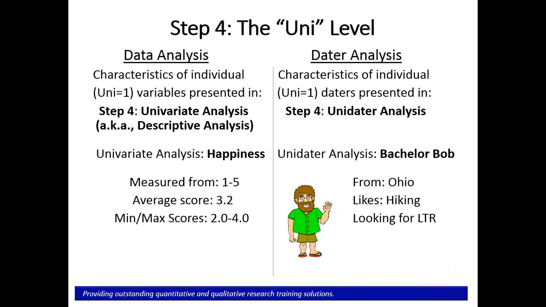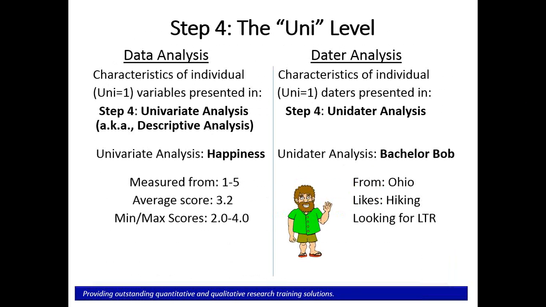They present the daters, and they each speak and describe themselves. So they present their characteristics, just like Bachelor Bob, from Ohio, likes hiking, long-term relationship seeker, right? And then data analysis is the same thing, except with variables.